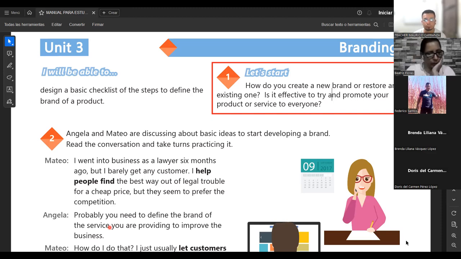For example, in this country, just focusing on this country, in different supermarkets could be, or how can I say in this case?